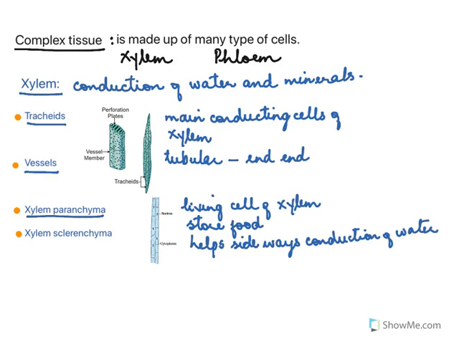They are the only living cells of the xylem. And last we have the xylem sclerenchyma, which are also called xylem fibers. These are dead cells and give mechanical support to the xylem. So here's the picture of xylem fiber.